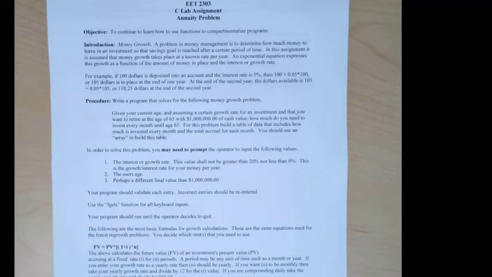So what I want you to do is write a program. Typically, the program will ask you for your age and a certain growth rate for your money. And I put the limits between 0 and 20%. In real life, you're probably never going to get a 20% annual return on your investment for 40 years.